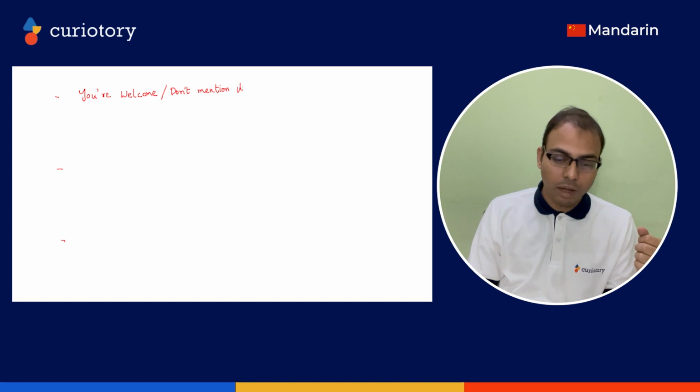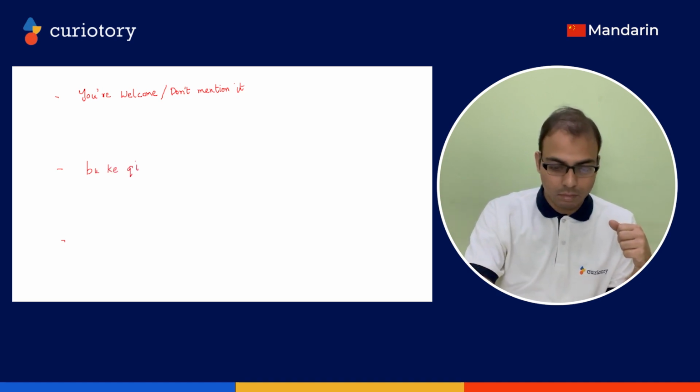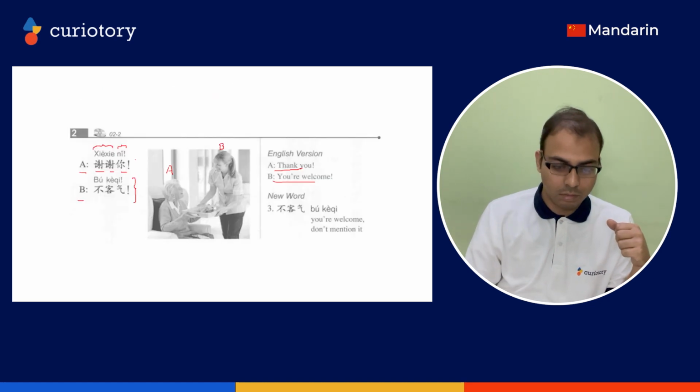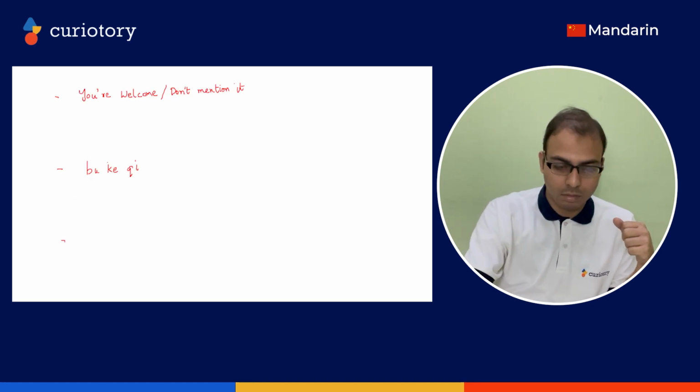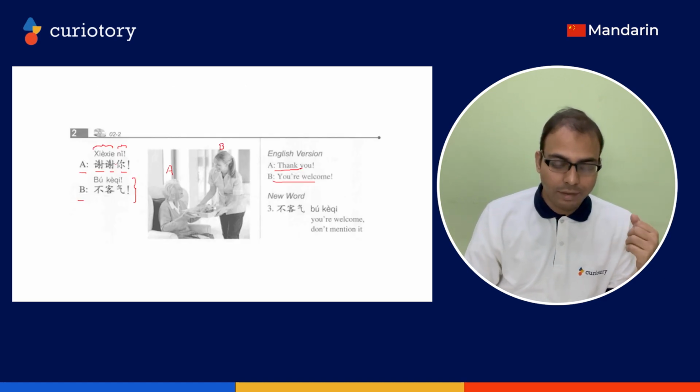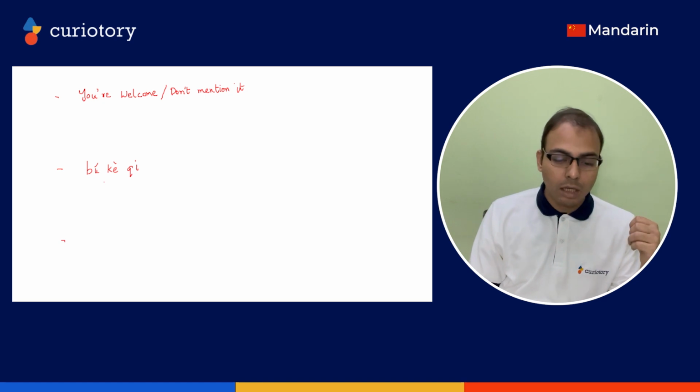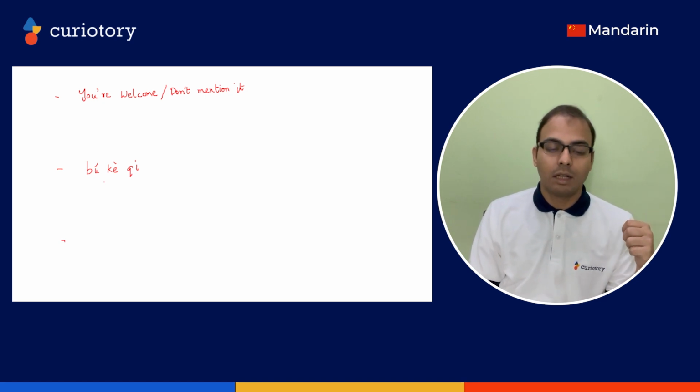And now what is the second aspect? It is the pinyin part. The second aspect, the phonetics part, is the pinyin part. Bu ke qi. And one thing more, that K is like k, and Q is like chi. So combine bu ke qi.